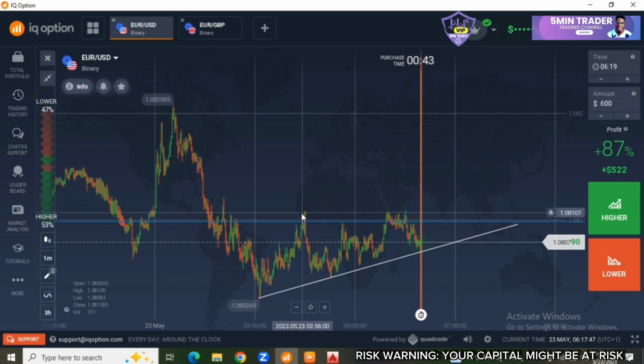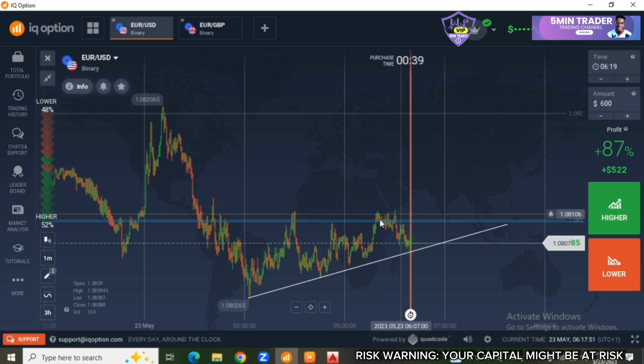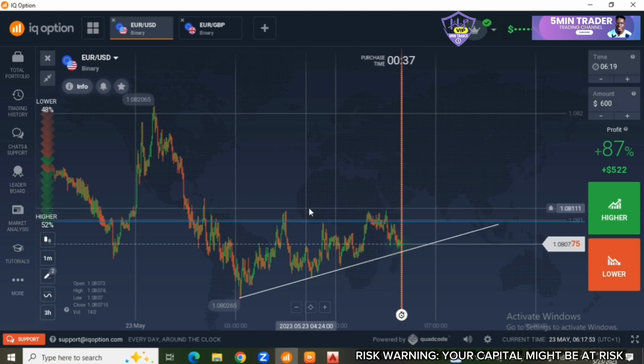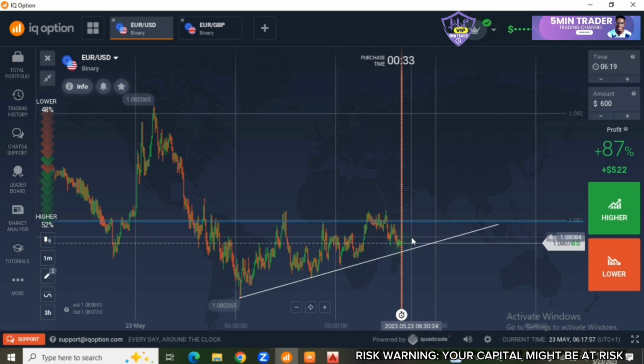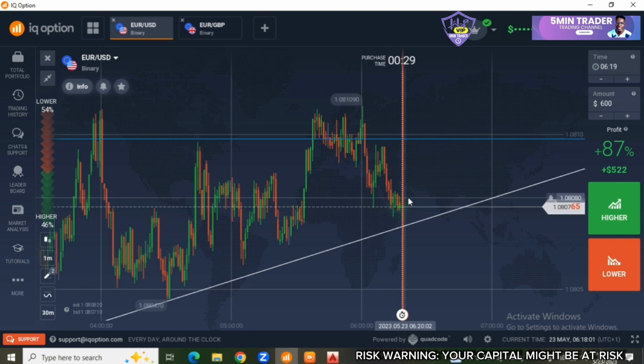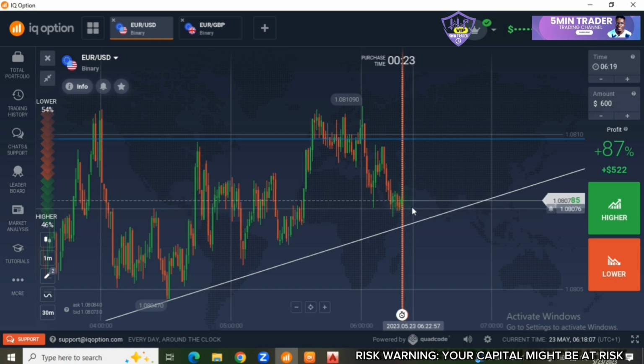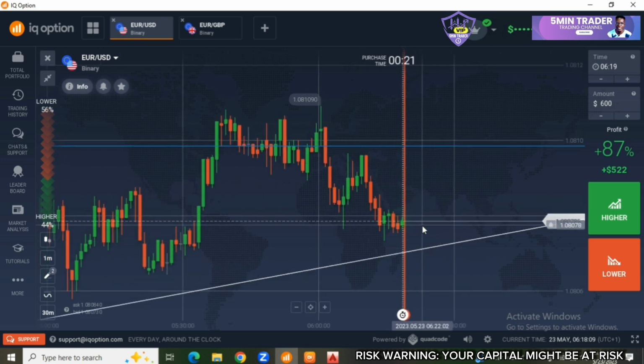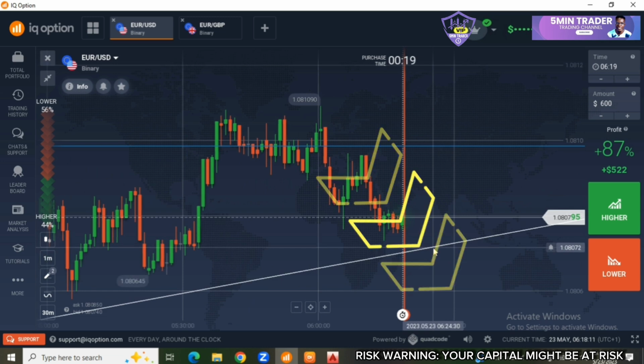This is a high, and this high is equal to this one as well. So it shows that the market is having difficulties trying to go further in the favor of the buyers, and we can wait for some weaknesses around this area, and then a strong entry from the sellers breaking this zone is going to be our entry.